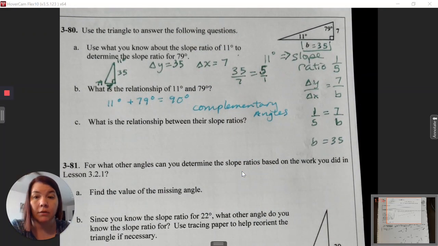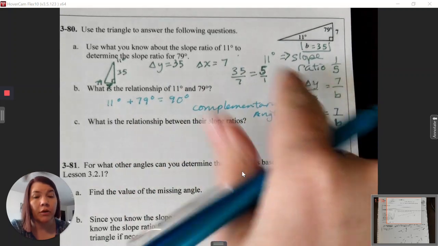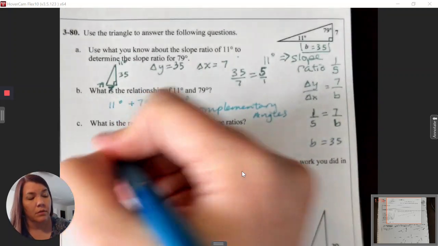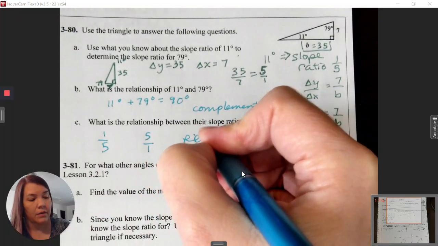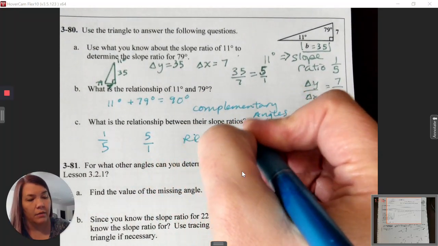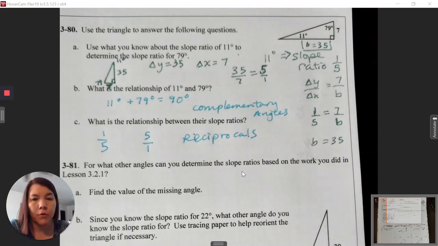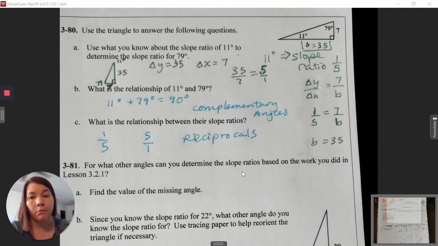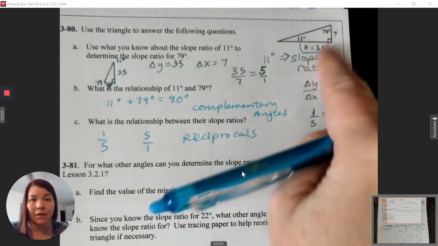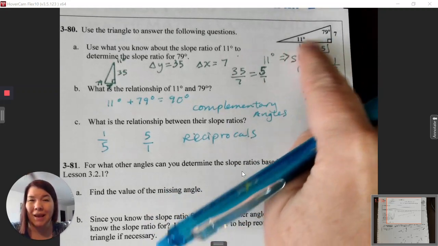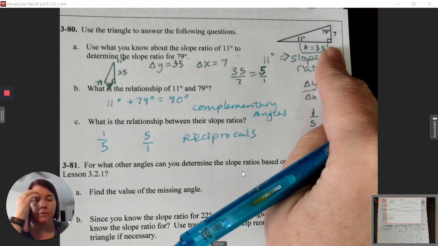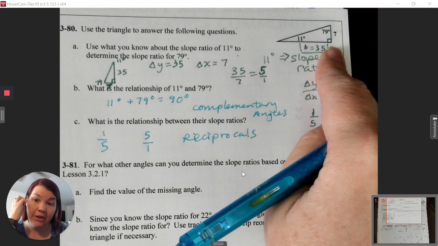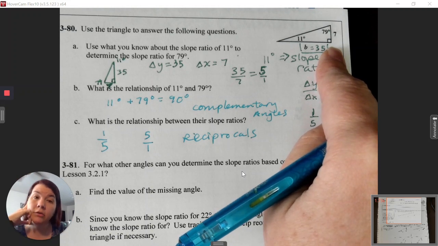What is the relationship of their slope ratios? They are reciprocal. Very important, because the sides aren't going to change. Complementary angles will always be in a right triangle. It's a secret. Complementary angles are always in right triangles.